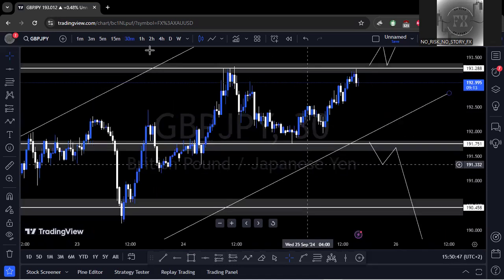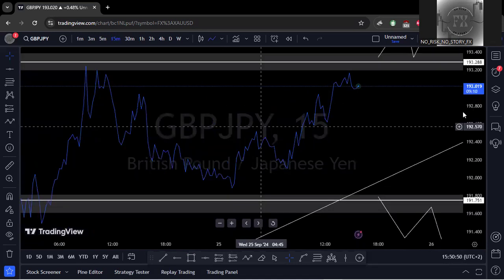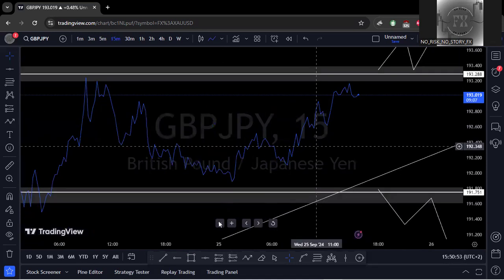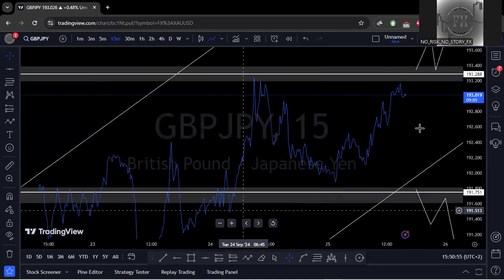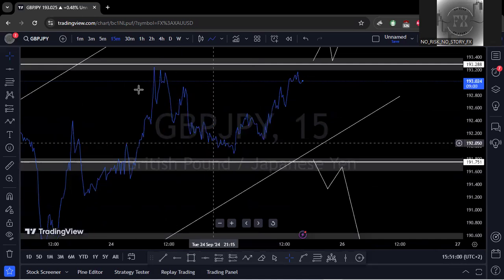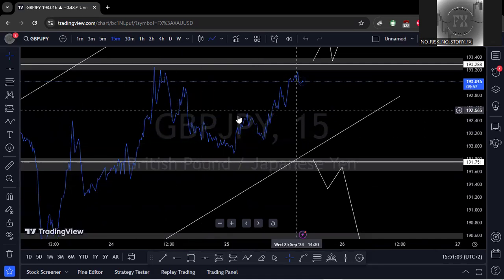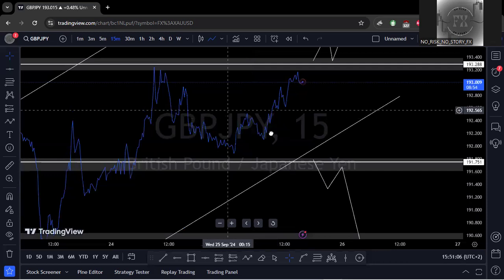I want to just see something for those scalp entries, for those people who are looking for scalp entries. So as you can see here, we're in some sort of consideration area, right?